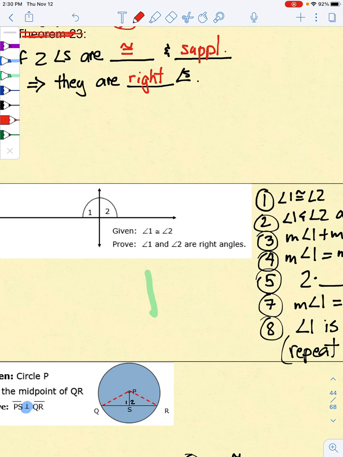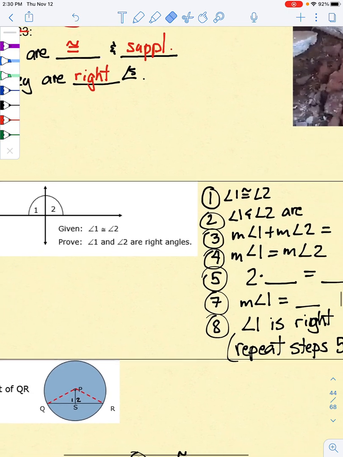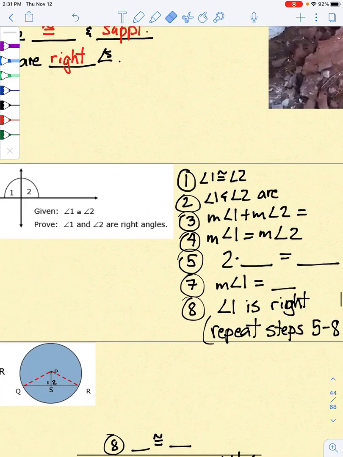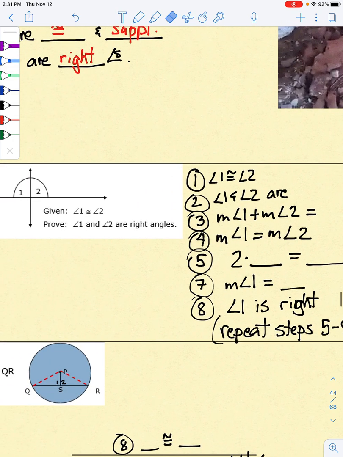So here goes a proof of that, if you will. So we got the diagram, angle 1, angle 2, congruent. Looks like they're on a straight line, so we can assume that they are a straight angle. So here we go. Angle 1 is congruent to angle 2. That is given. I'll do the reasons just orally, so hopefully you can pick up on those. Number 2, angles 1 and 2 are supplementary.